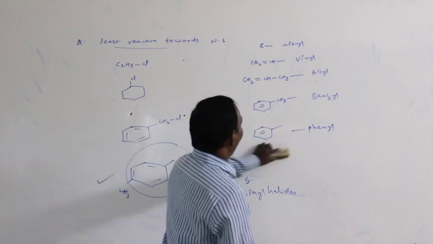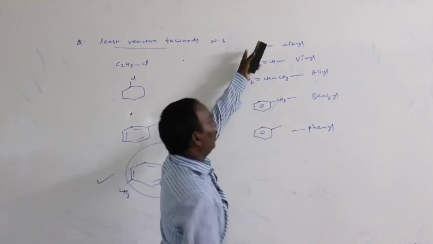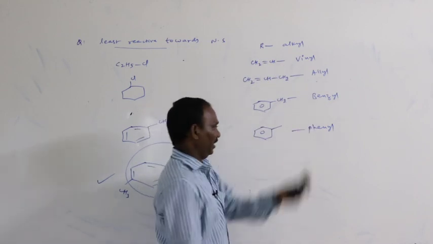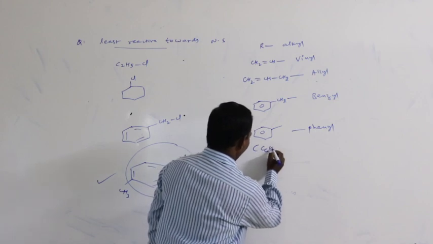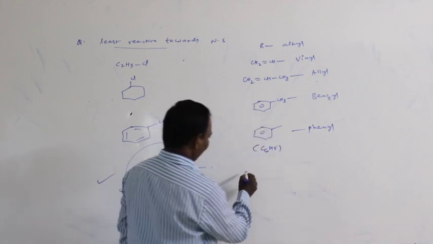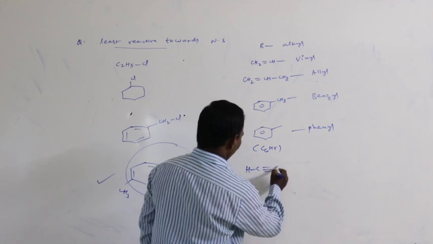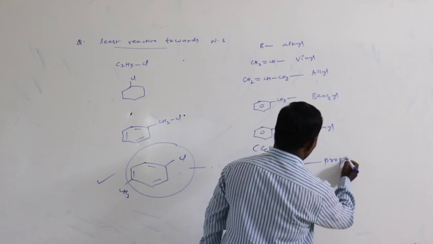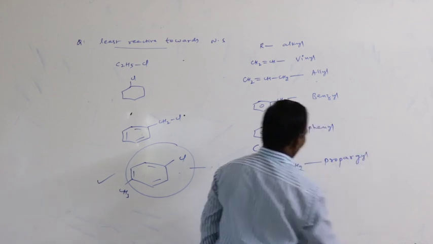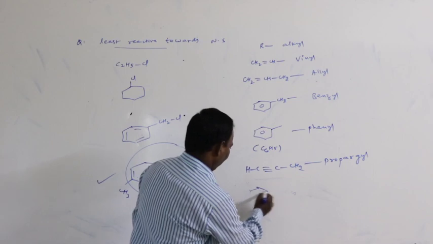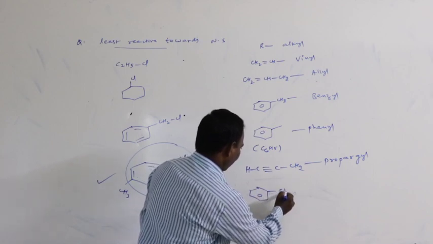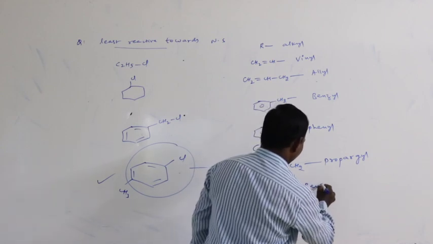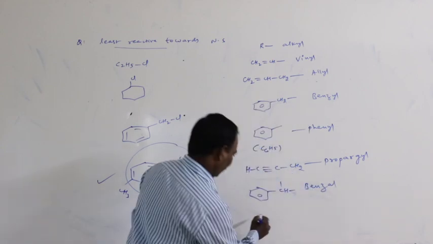Alkyl, vinyl, allyl, benzyl and phenyl. Phenyl means C6H5. And one more, CH≡C-CH2 group, this is called propargyl group. With benzene ring, only one hydrogen is present, this is called benzo group.